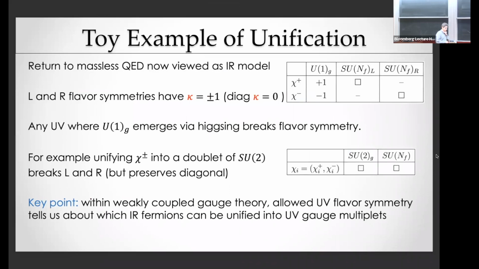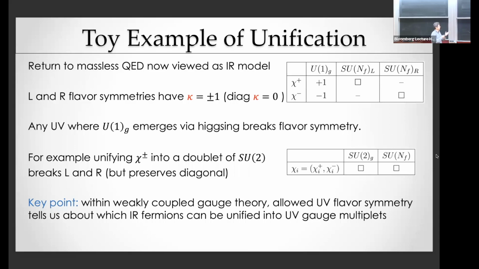Okay, so let's try to apply this in, again, our QED example, but now viewed as sort of a toy model of unification. So we'll now think of our QED as the infrared. It had a one-form symmetry, the magnetic one-form symmetry, and it also had two flavor symmetries, the SU(N) left and SU(N) right.